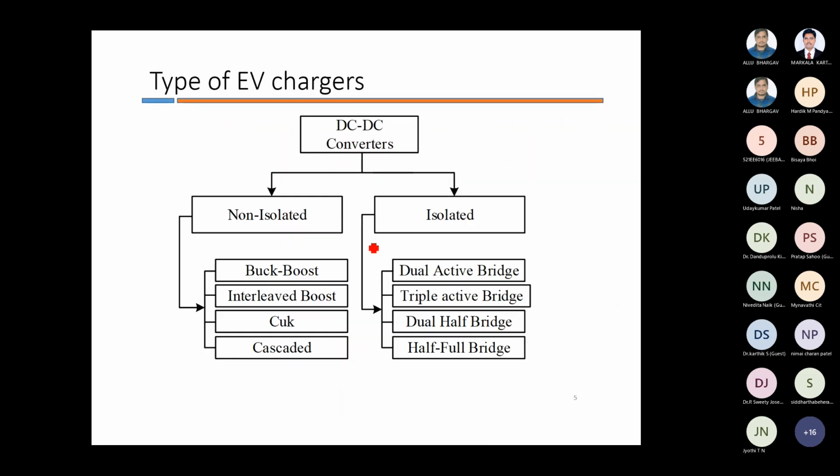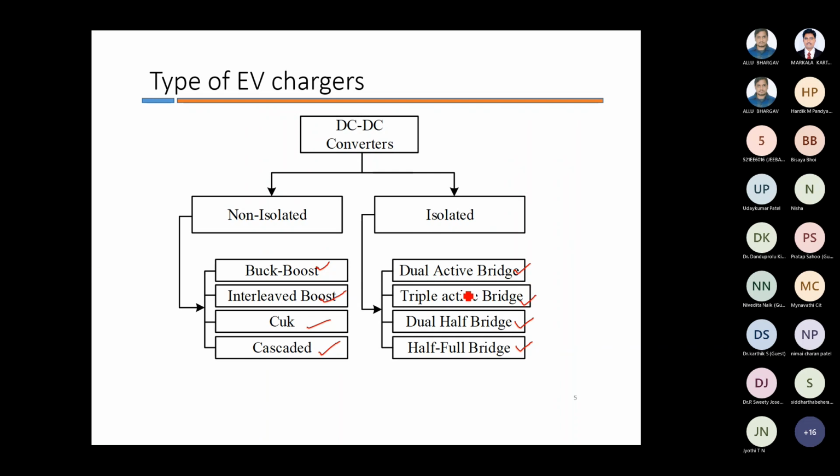And from here we see the different types of EV chargers after the DC-DC converter. After rectifying, there are two types: non-isolated and isolated. In case of non-isolated, there are buck, boost, buck-boost, Cuk converter, cascaded. In case of isolated, we can have dual active bridge, triple active bridge, dual half bridge, and half full bridge.